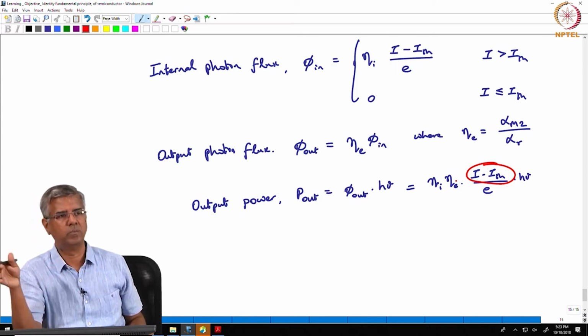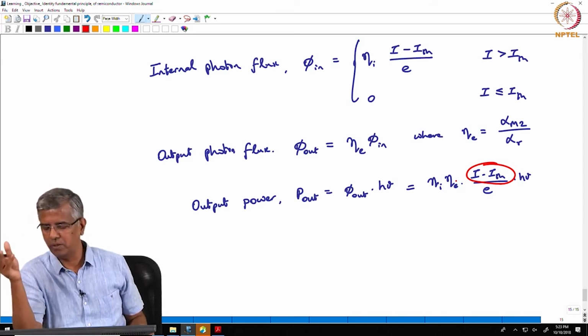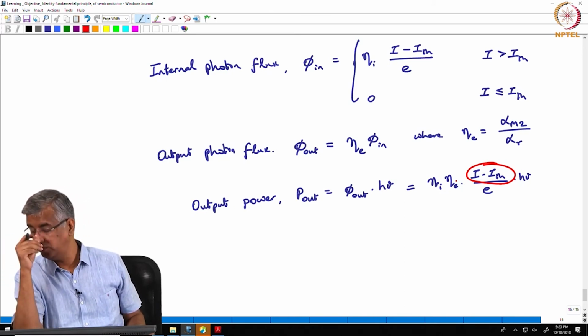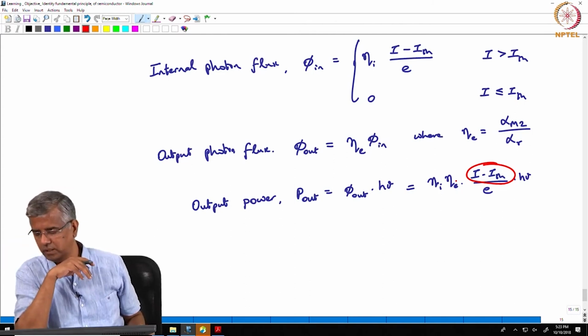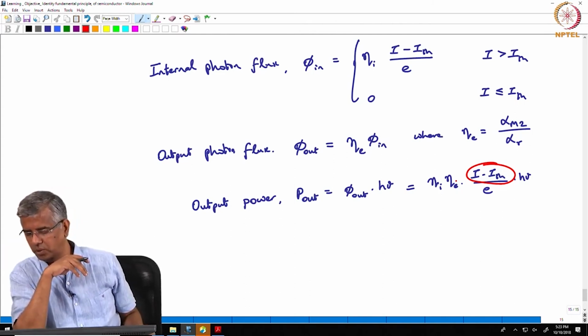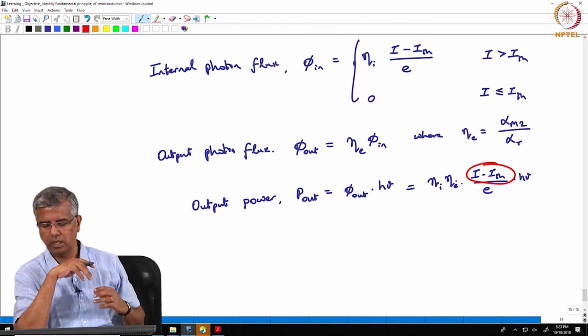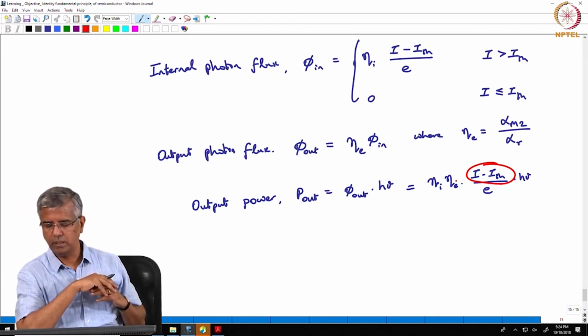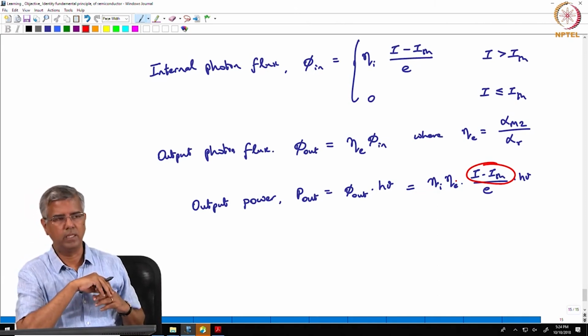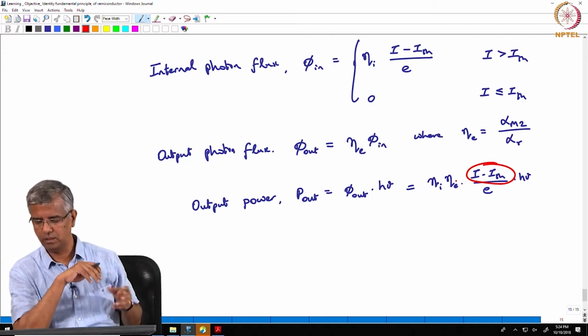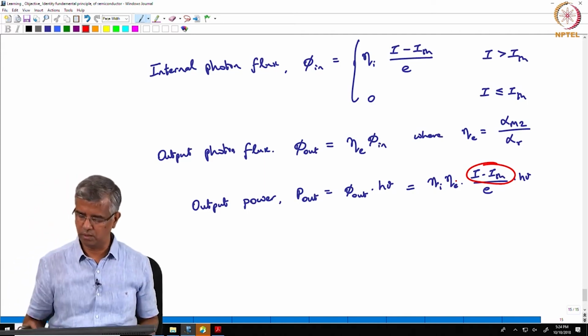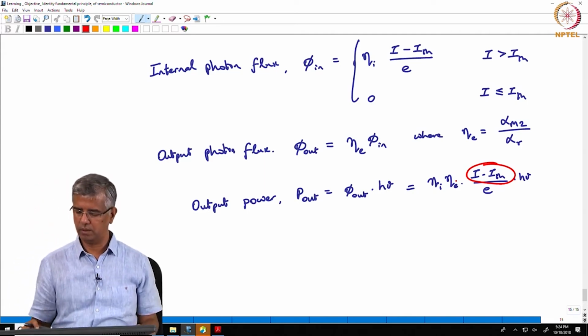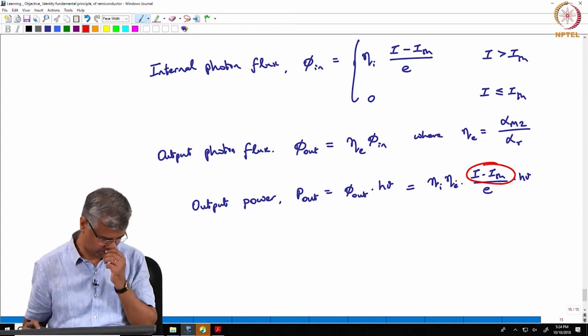You have to overcome threshold, and beyond that whatever injected current you have gets converted into photons with energy h nu, and the internal conversion efficiency, and then the external photons that we get coming out of the cavity.